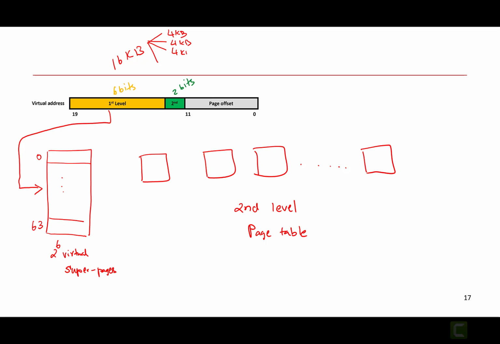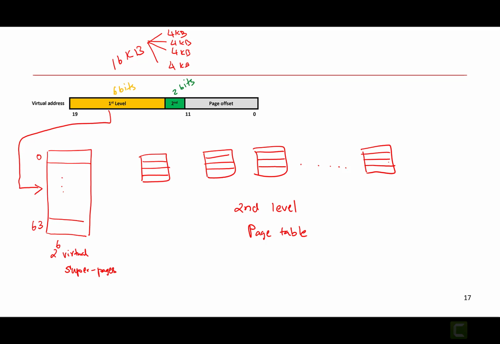And what we are really trying to figure out is, given a super page, we want to translate the addresses of each of its individual small pages. So from my super page table, I get the address of my second level page table, and then my second level page table should hold the address translations for 4 of the small pages that are contained within that 16 kilobyte super page. So each second level page table should have 4 entries in this example.